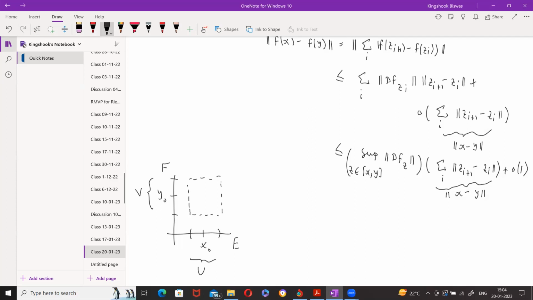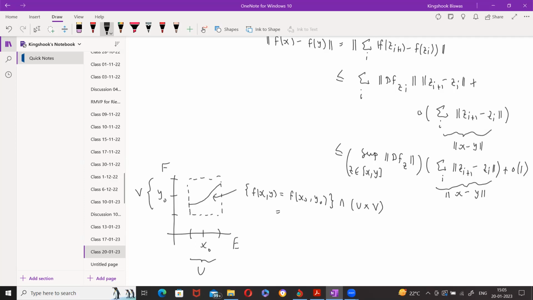Then in this rectangle, there is a map g from U into V, so that this set, this is a level set of the map little f. So this is f(x, y) equal to f(x0, y0), intersect U cross V. This is equal to the graph of a map g.